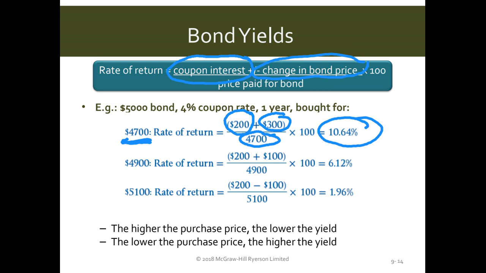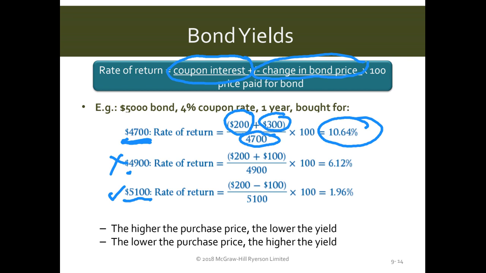Now, just see this. Suppose I buy this bond at a price higher than the face value, because the face value was 5,000. Now I paid 5,100. What would happen? After 1 year, I will still get this $200, that is the coupon interest.